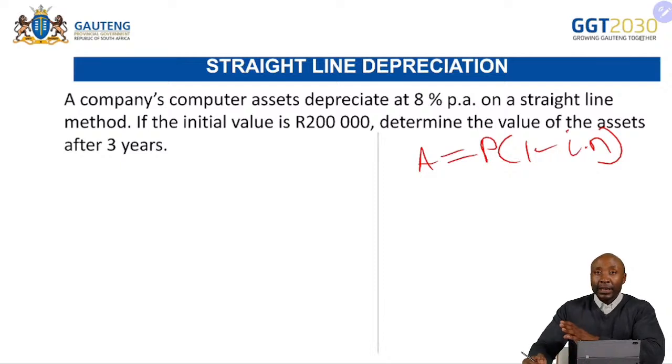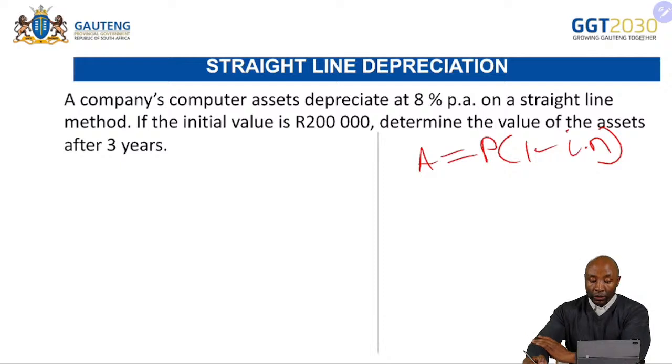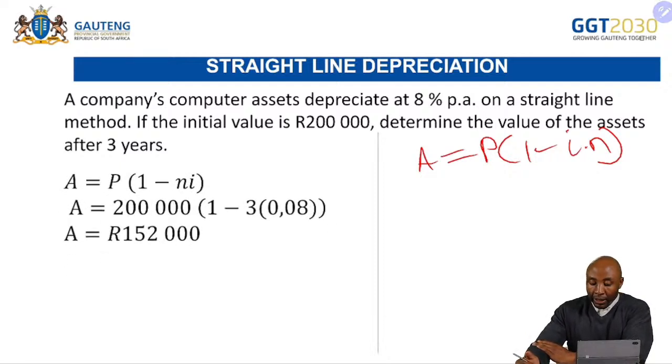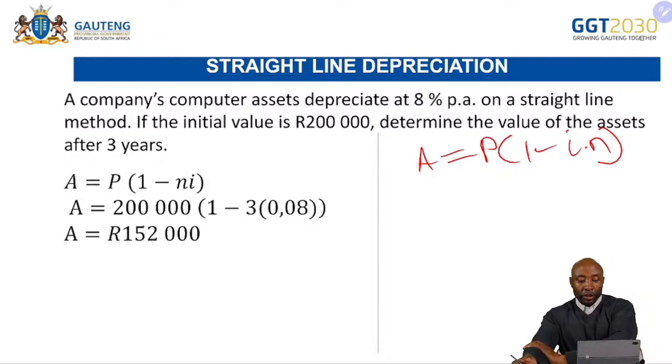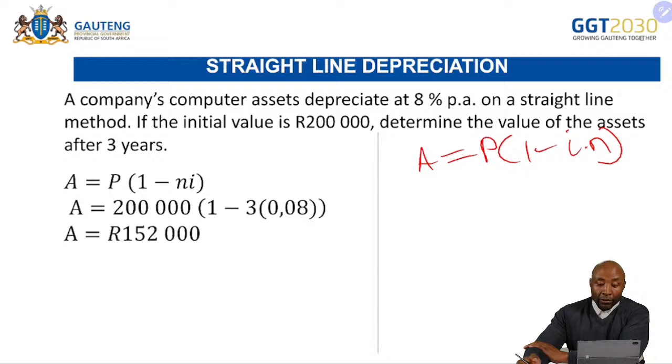So if you're answering a question that involves depreciation, you find your final answer. For example, you are supposed to determine the value after 5 years and you get a value which is more than the initial amount. Note that something would have been wrong there. So we'll use the straight line depreciation formula. We substitute. So if the computer assets are worth 200,000, after 3 years, they will be worth 152,000.